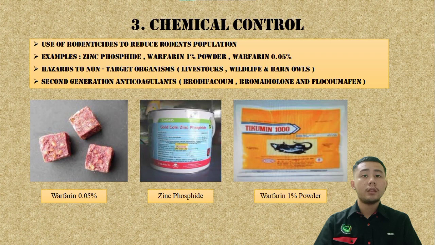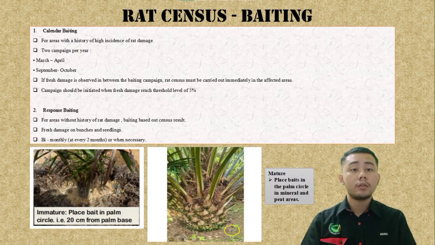For second generation anticoagulants, if the warfarin that we apply is not effective, we can use rodenticides that have these three active ingredients, which are brodifacoum, bromadiolone, and flocoumafen. And this is for the rat census baiting.